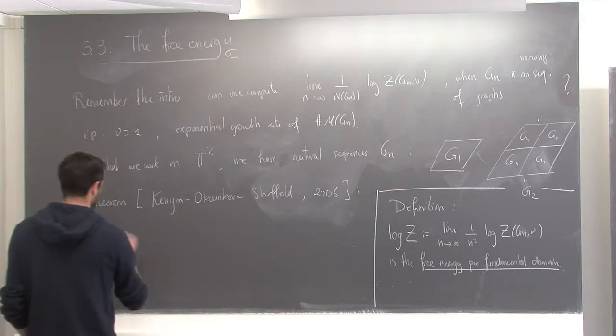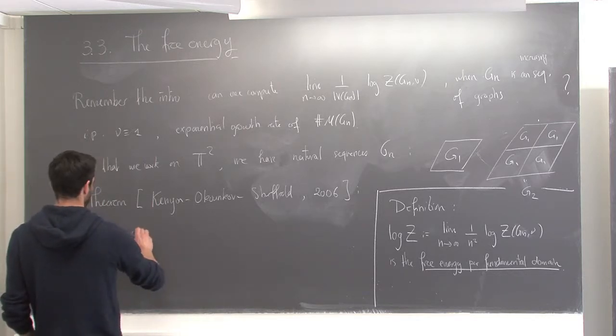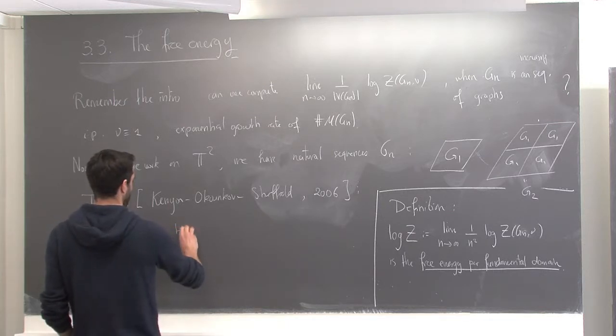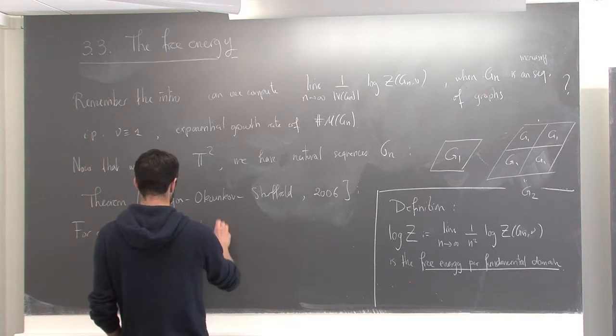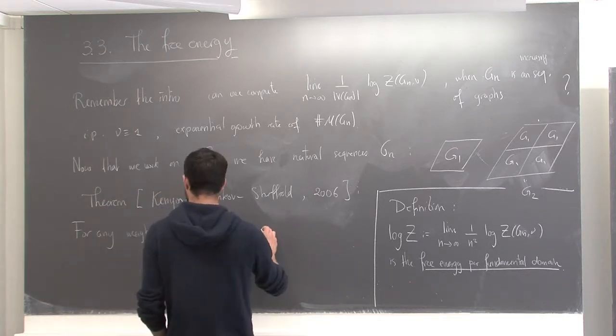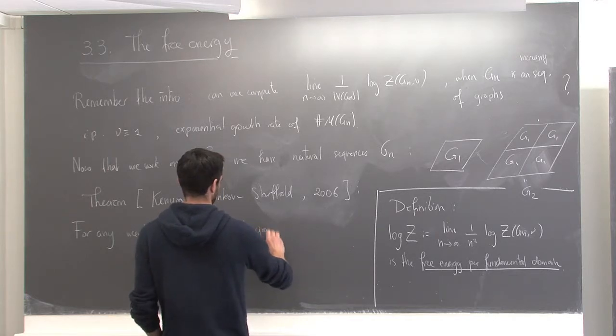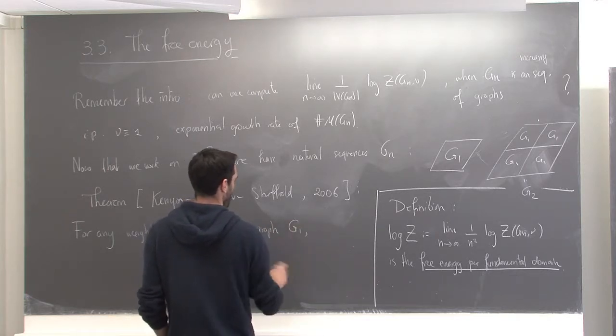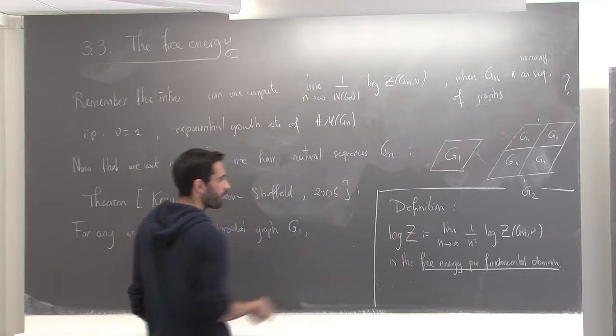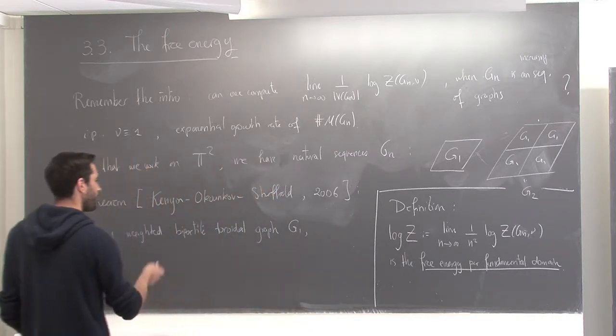For any weighted bipartite toroidal graph G1, the corresponding free energy per fundamental domain is given as follows.